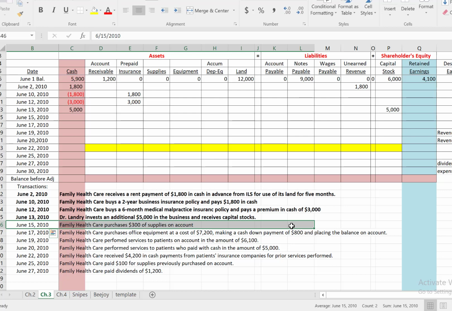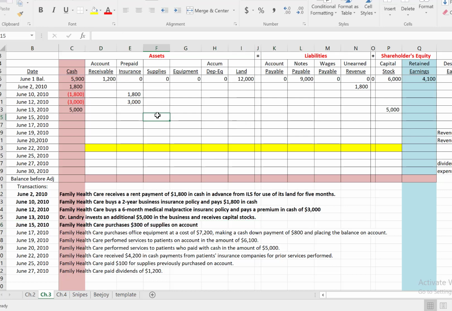So what we have on June 15th is we have $300 of supplies. So the supply account on June 15th is going to go up by $300, but we didn't pay cash for it. What we did is we now have an accounts payable. Let's look at June 17th.